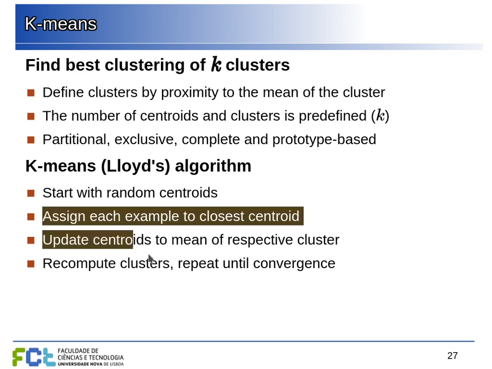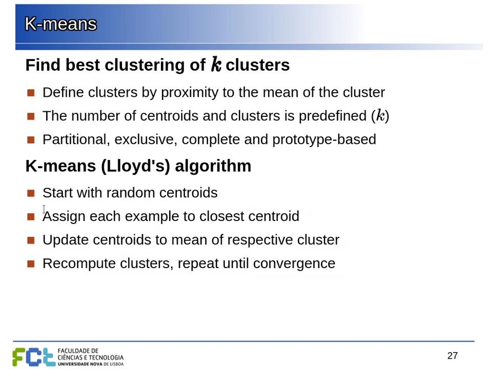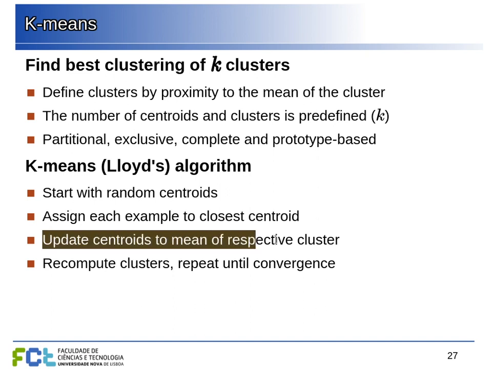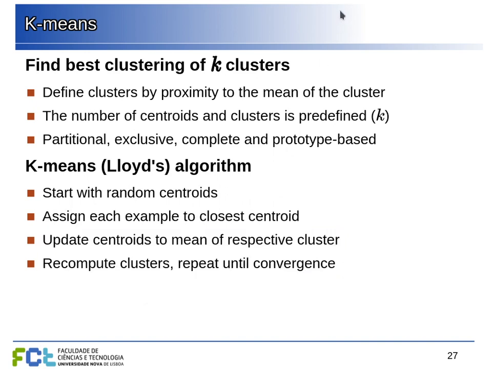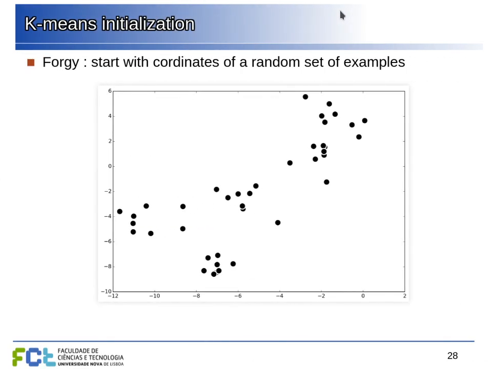And then we are going to repeat these steps. We assign each example in our data to the closest centroid. Then after we have the assignment, we move the centroids to the mean point of each respective cluster. And then we repeat this until we have no more changes, until everything converges and doesn't change anymore.